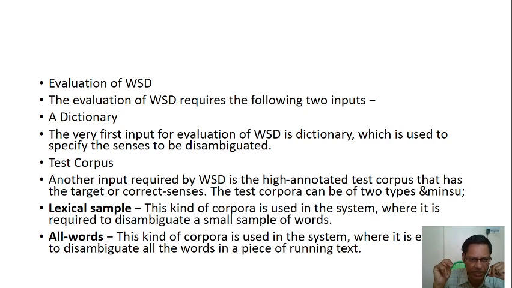The test corpora can be of two types: lexical sample and all words. What is lexical sample? This kind of corpora is used in a system where it is required to disambiguate a small sample of words. And all words: this kind of corpora is used in a system where it is expected to disambiguate all the words in a piece of running text.